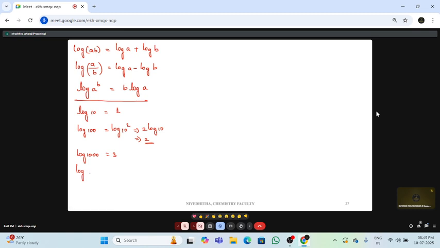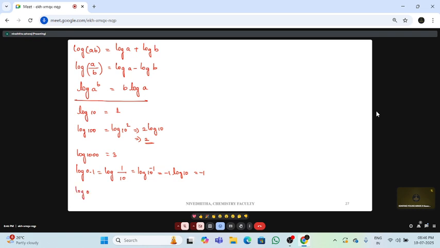And how about log 10 power minus 1, or log 1 by 10, or the value of log 0.1? 0.1 can be written as 1 by 10, or as 10 power minus 1, or as minus 1 log 10. So what is the value? It is just minus 1, right?